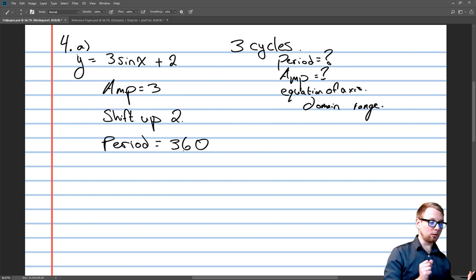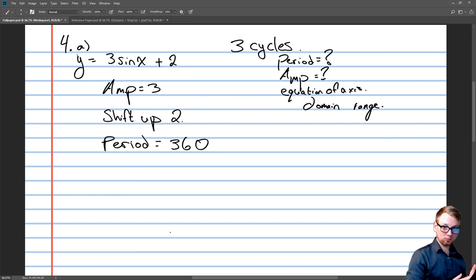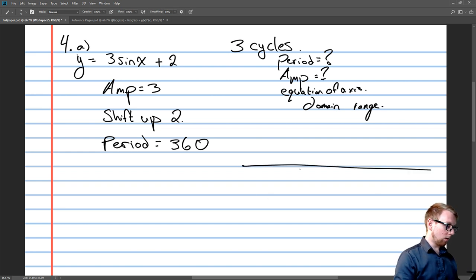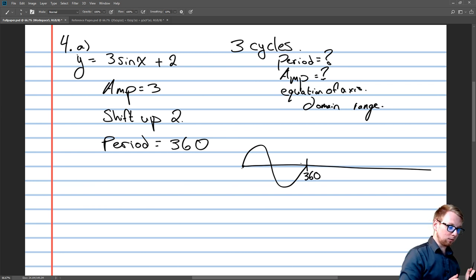3 cycles means it goes 3 periods, right? So, as a quick line drawn, here's 360. That would be 1 full cycle. But we need 3 cycles. So that's 2.